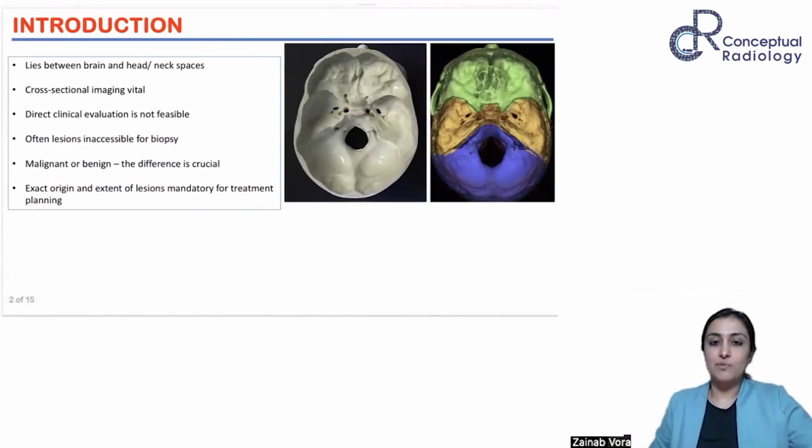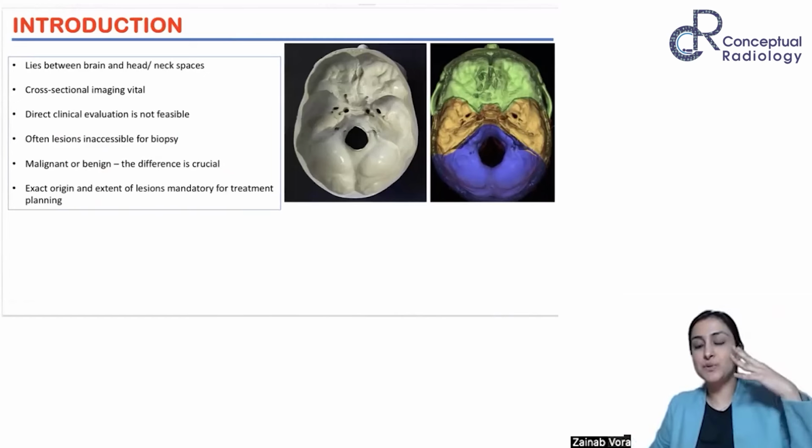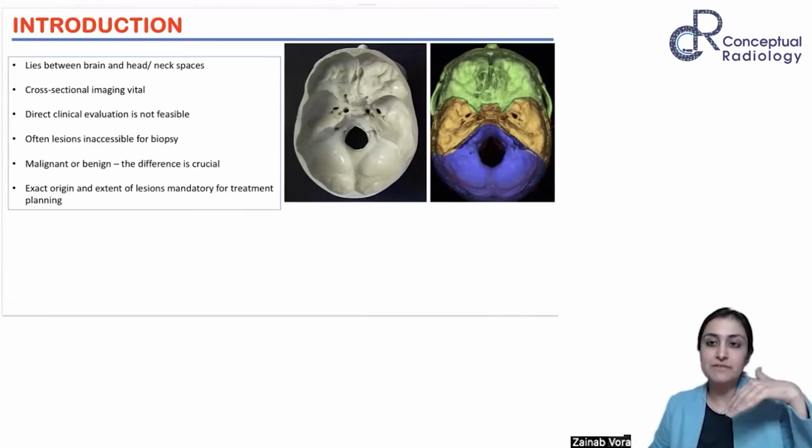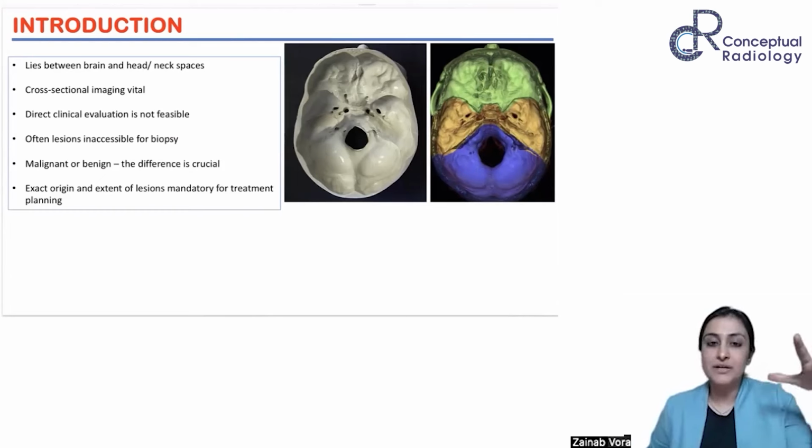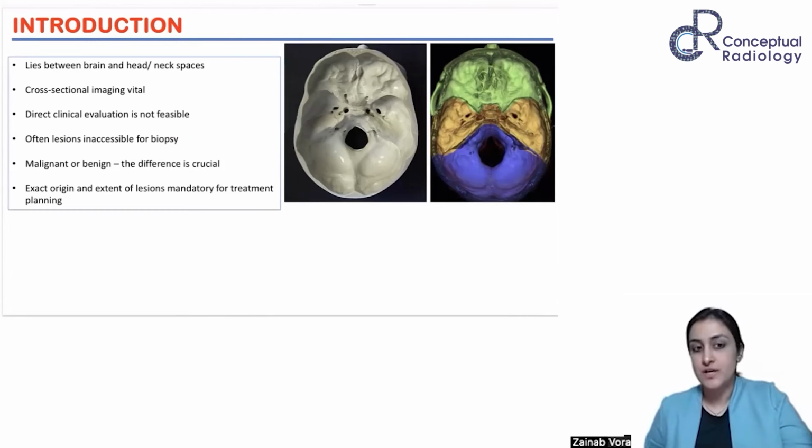When we talk about skull base, why it's so important is because it's literally the bridge between all of the facial lesions which are gonna cross over to the brain and vice versa. So the cross-sectional imaging becomes very, very vital because clinicians really don't know what to do about this area, right? So we are the only people who are going to be able to see and comment about what's happening to the lesions here.